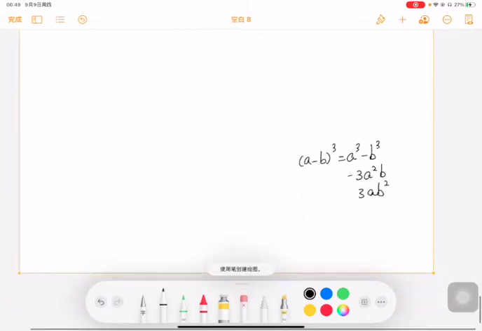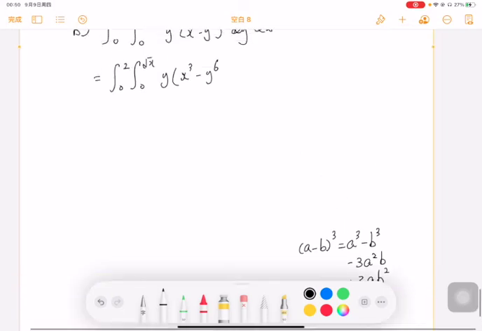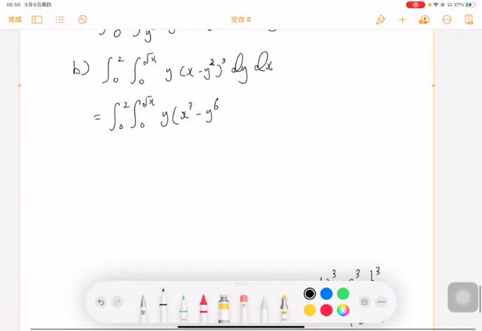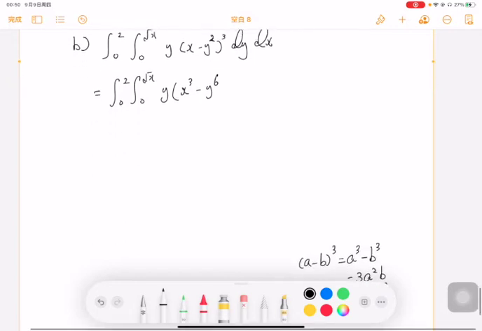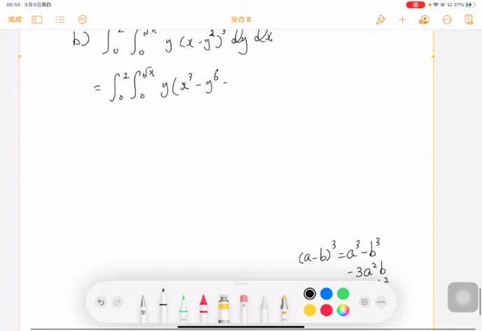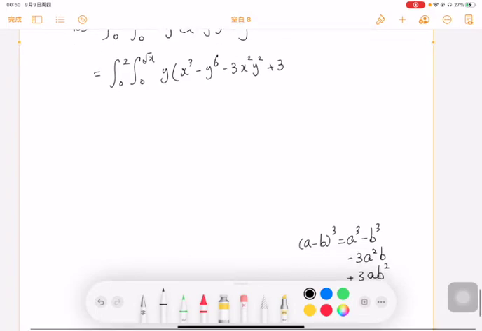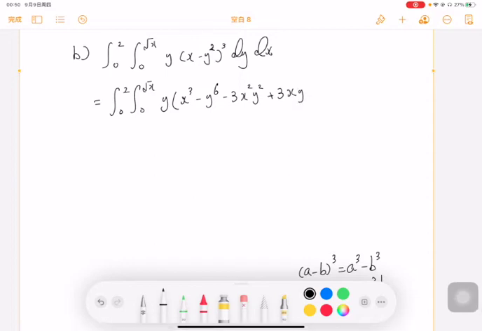So that's x cubed, minus 3 times x squared times y squared, plus 3 times x times y to the 4th, minus y to the 6th, dy dx.